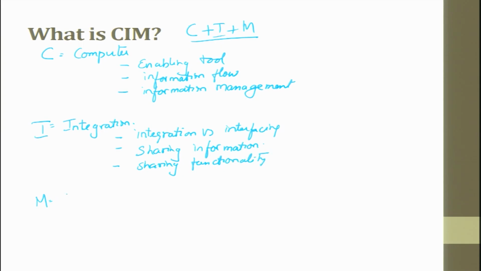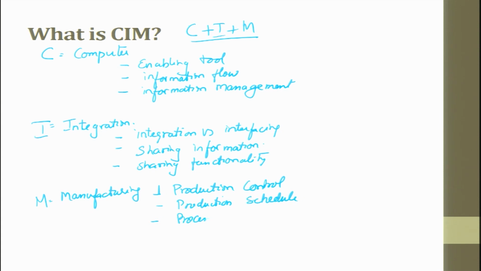M stands for manufacturing. So manufacturing is production control, then production scheduling, then process design. These are some of the functions. And it is product design, and then the manufacturing enterprise.